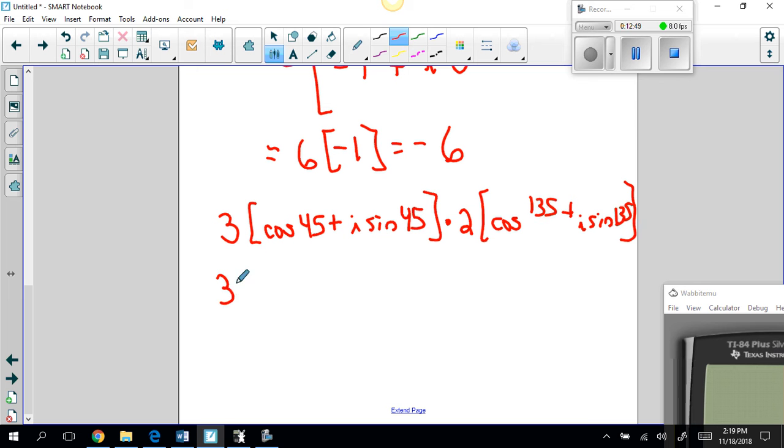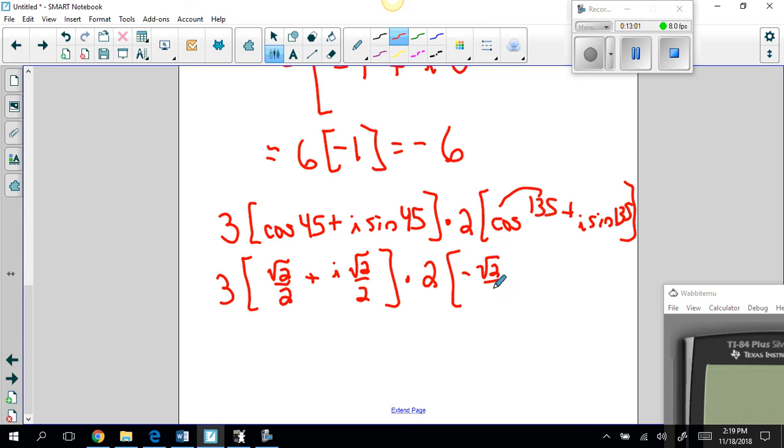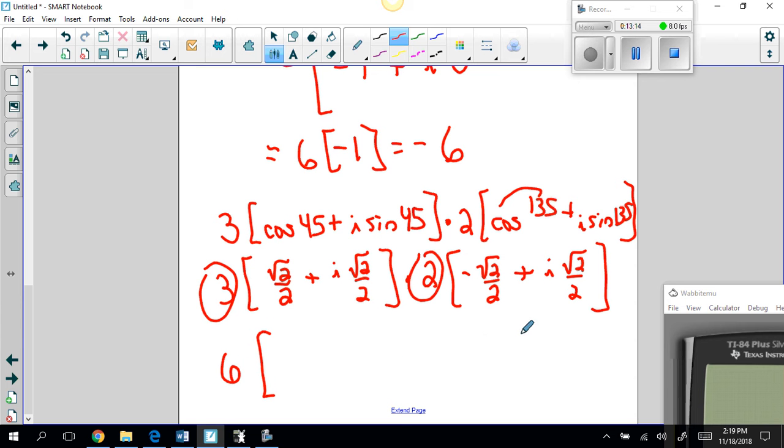What they're really asking us to do is the square root of 2 over 2 plus i, the square root of 2 over 2, times 2. Cosine of 135 is negative the square root of 2 over 2, plus i, the square root of 2 over 2. Then obviously we would multiply that and get 6.